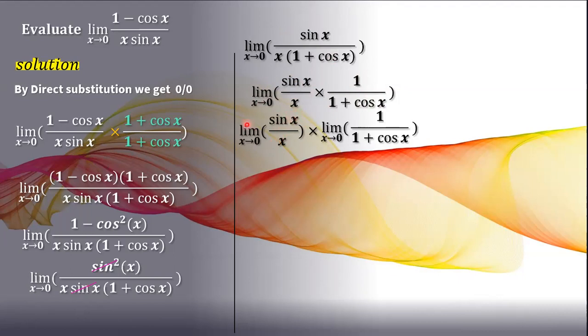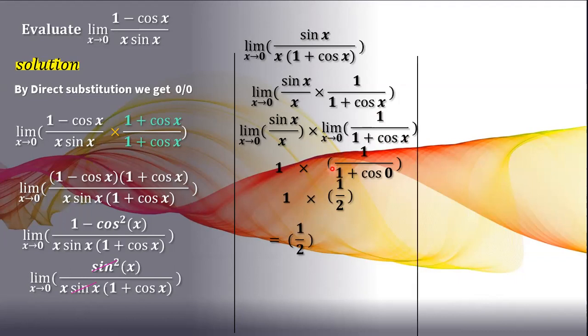Here a is 1 and b is 1, so this equals 1, times. Now this is direct substitution, x by 0, so cosine 0 equals 1, 1 plus 1 is 2, so 1 over 2. Okay, 1 times 1 over 2 equals 1 over 2, so the final answer is a half.